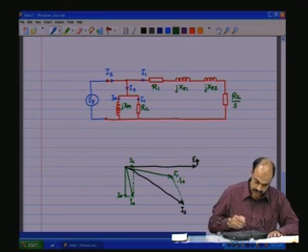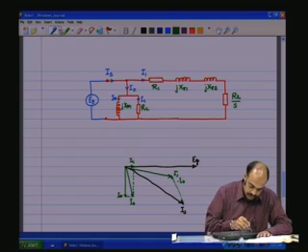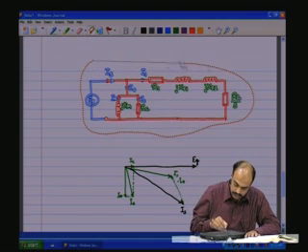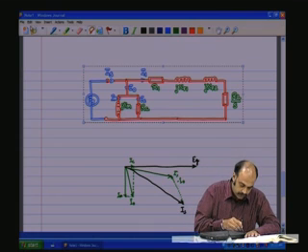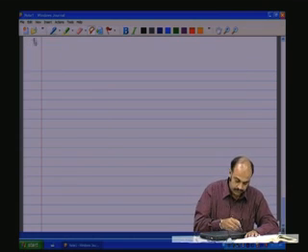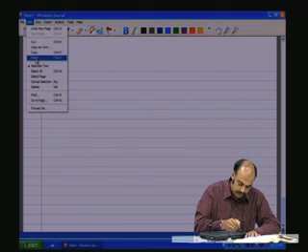Let us have this diagram, that is the equivalent circuit. Let me copy that, paste.